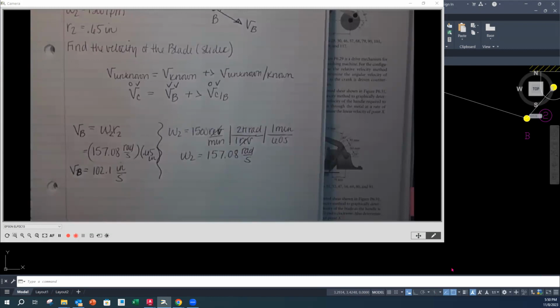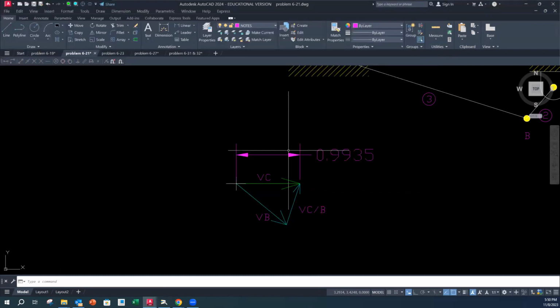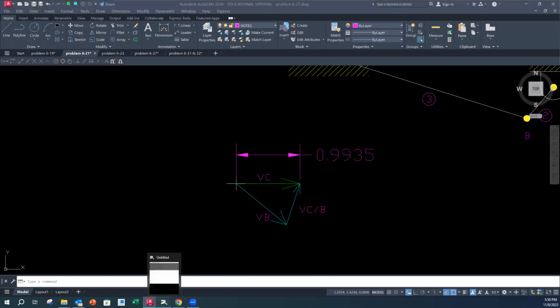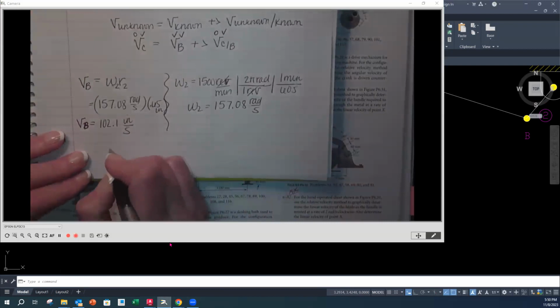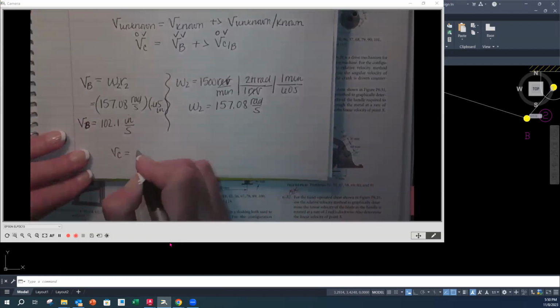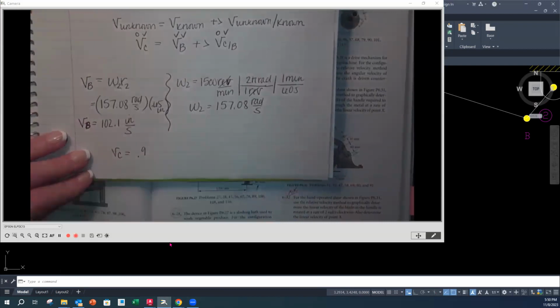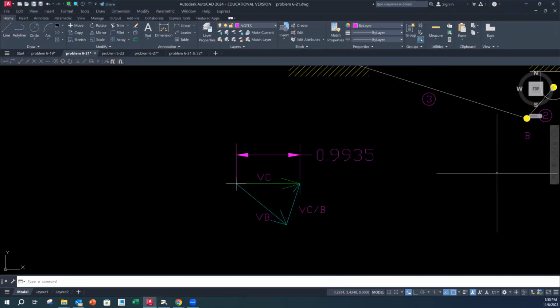So that means that now our final answer for the magnitude of the velocity of C is going to be 0.9935 times 100. So to write our final answer, we would simply say VC is equal to, well, what did we say it was? I didn't want to do that.